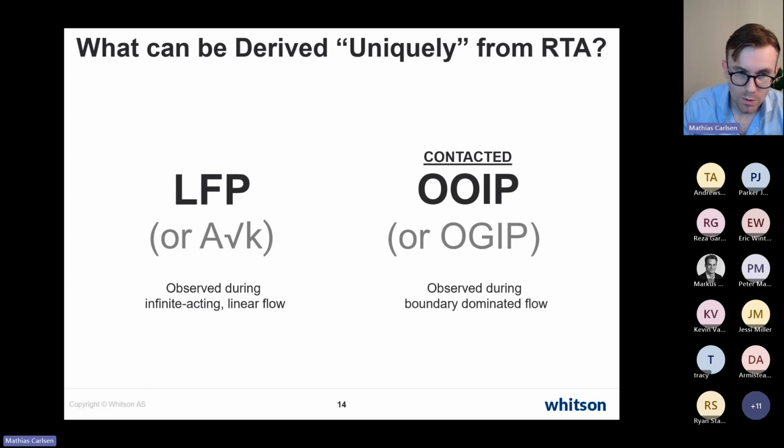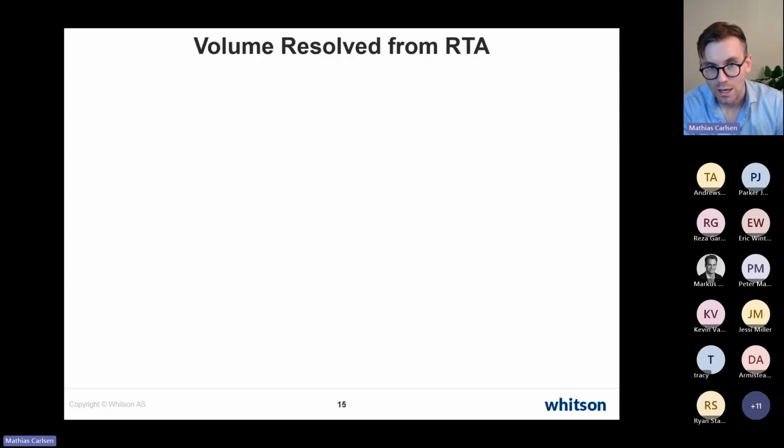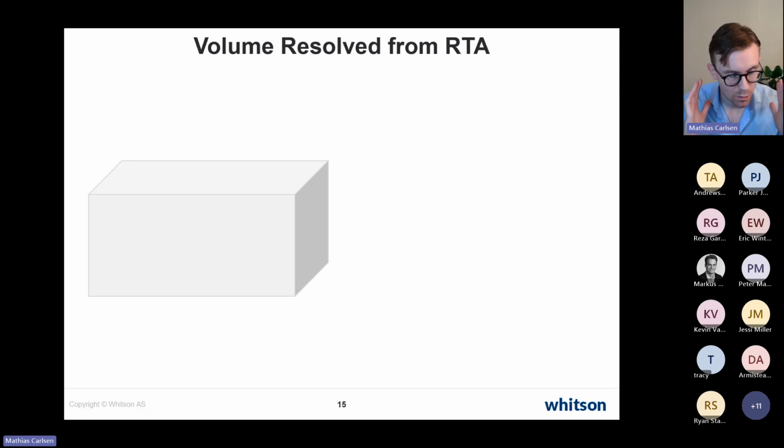And to 100% emphasize the difference between the contacted pore volume or the stimulated rock volume and the petrophysical mapped volume, we always show this slide right here. Your petrophysicist will go out and say, we have a block of rock here, has a height, has porosity, has a saturation, and we get this petrophysically mapped resource in place.